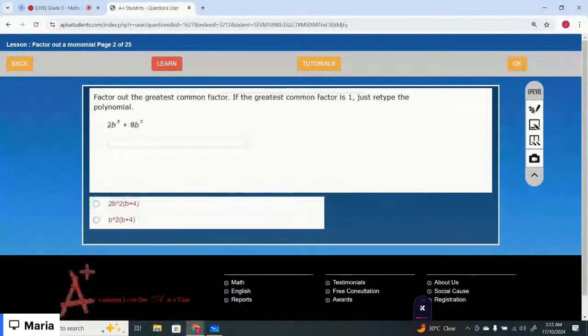The next one is find the greatest common factor to factor out. So which is the correct option?